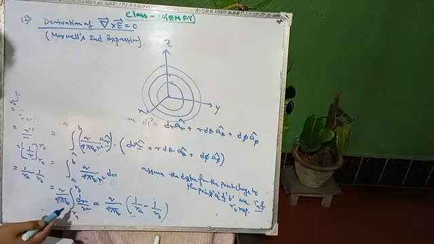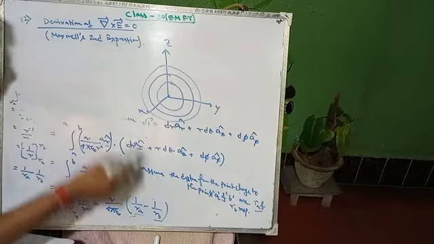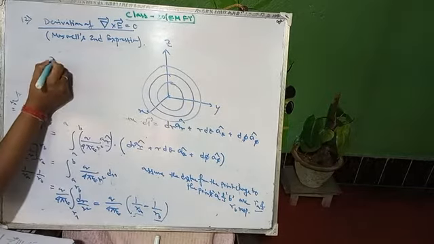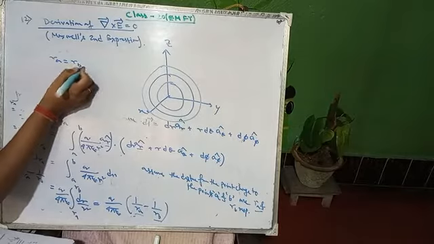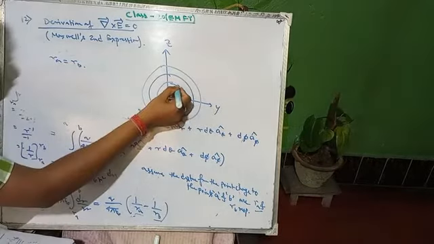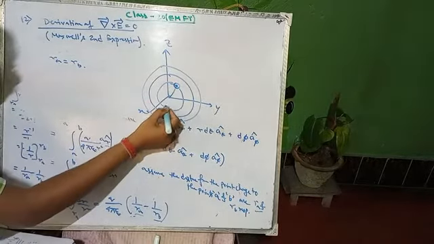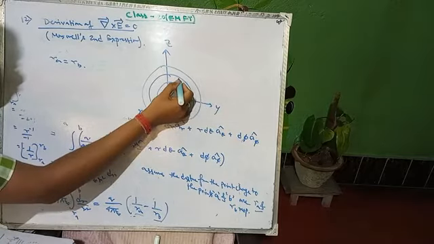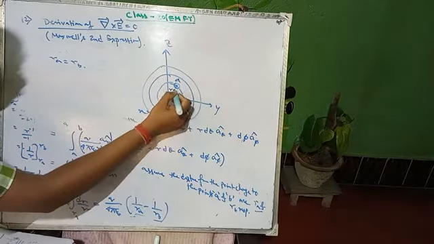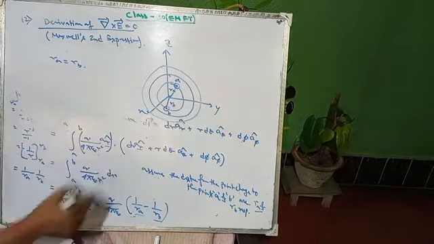So if we compute RA and RB for an electrostatic field, RA will always equal RB. That is the radius. If we consider point A over here and point B over here, this is your RA and this is your RB, and they are the same.